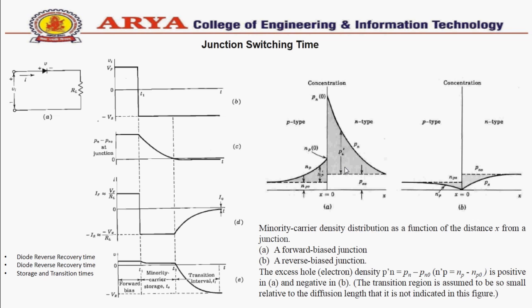If the external voltage is suddenly reversed in a diode circuit which has been carrying current in the forward direction, the diode current will not immediately fall to the steady state or reverse bias value.